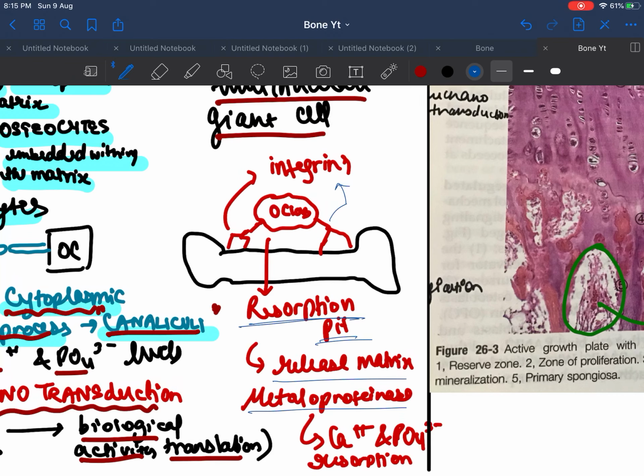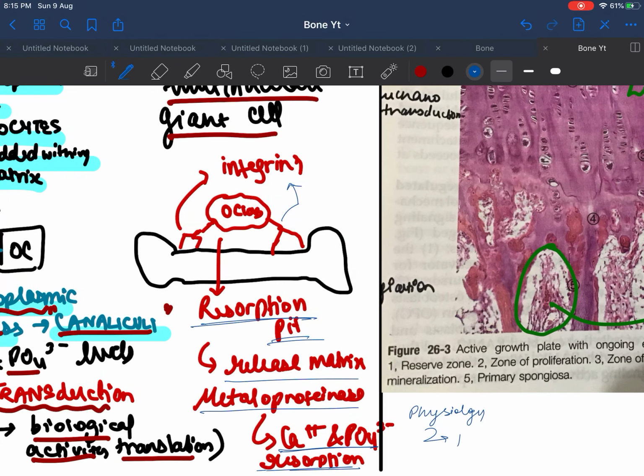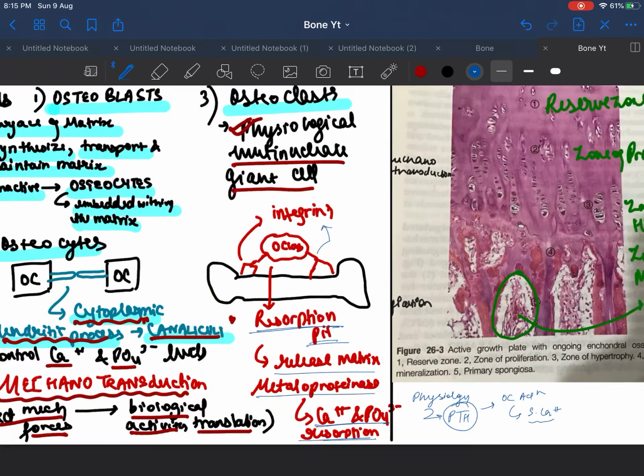They release lysozymes, mainly consisting of neutral metalloproteinases, which eat up the bone and lead to calcium and phosphorus resorption, forming a sealing zone. This process is due to the release of PTH hormone. PTH leads to more osteoclast activation, so that we can control the level of serum calcium, and we can lose more phosphorus in the urine.